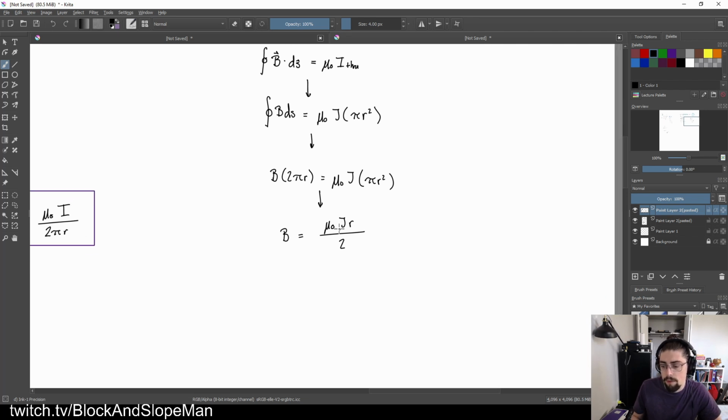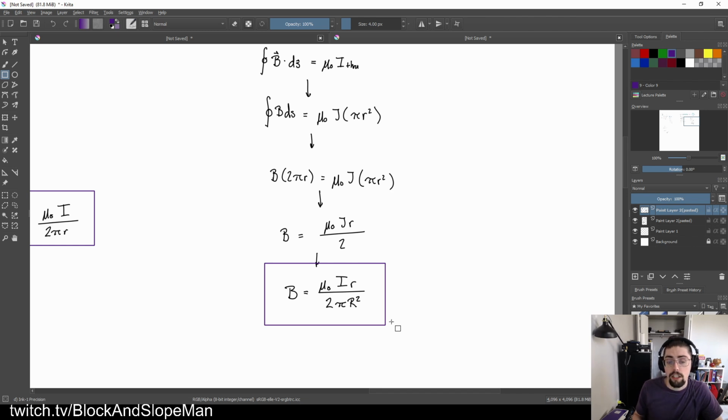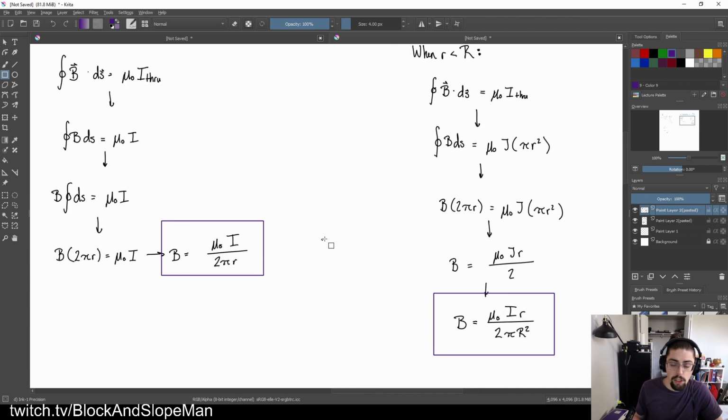But now I need to plug in my expression for J. So mu naught I R over 2 pi capital R squared. And that's what we get for our final magnetic field inside the wire, at least, right? Outside the wire, it's our old expression.